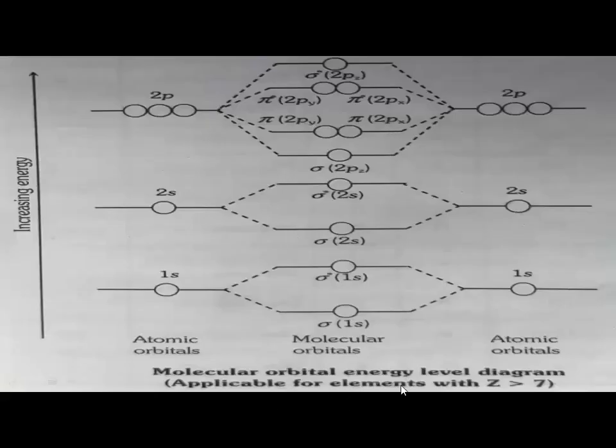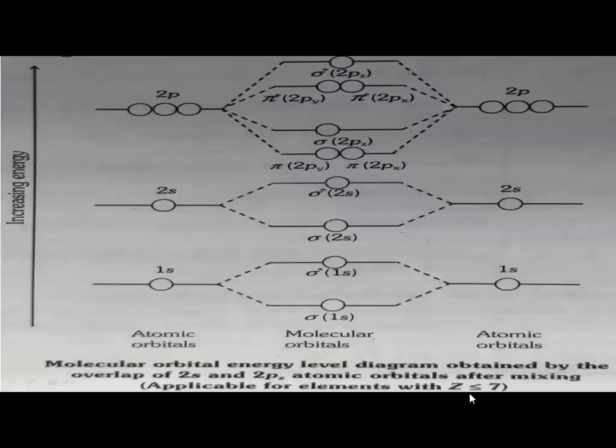See here, the molecular orbital energy levels for greater than 7: sigma 1s, sigma star 1s, sigma 2s, sigma star 2s, then sigma 2pz comes first, then pi 2px, pi 2py, then pi star 2px, pi star 2py, sigma star 2pz. If it is less than or equal to 7: sigma 1s, sigma star 1s, sigma 2s, sigma star 2s, pi 2px, pi 2py come first, then sigma 2pz, then pi star 2px, pi star 2py, sigma star 2pz.